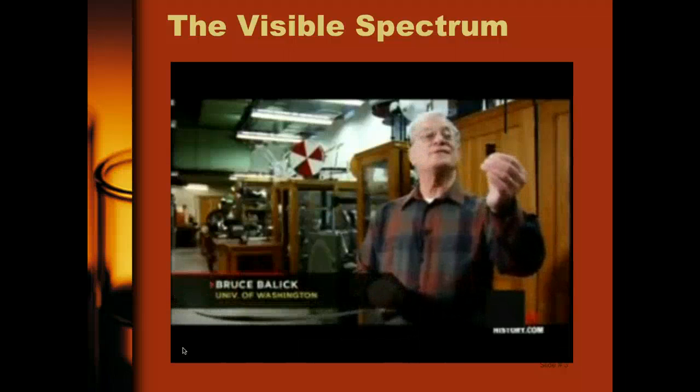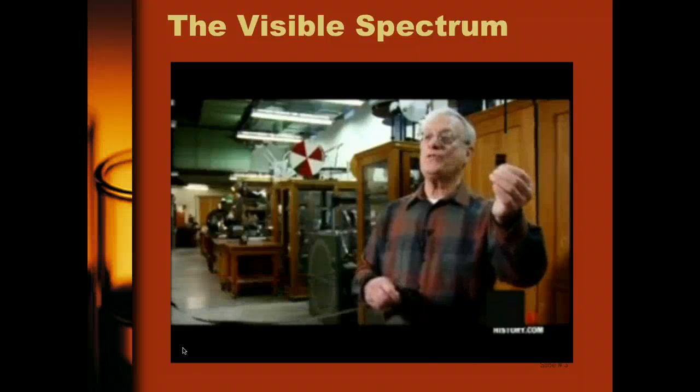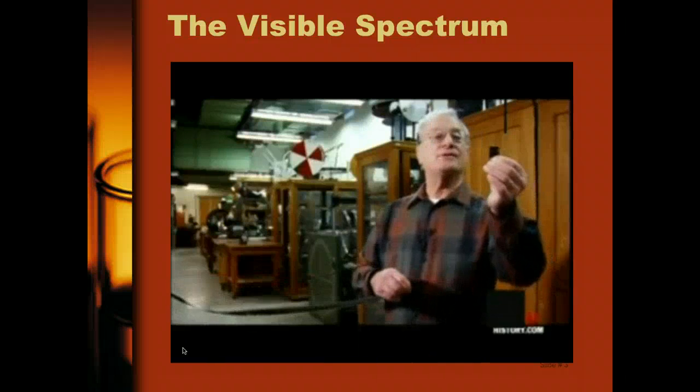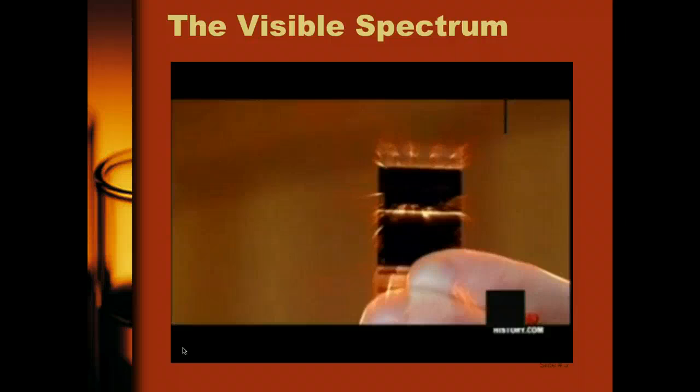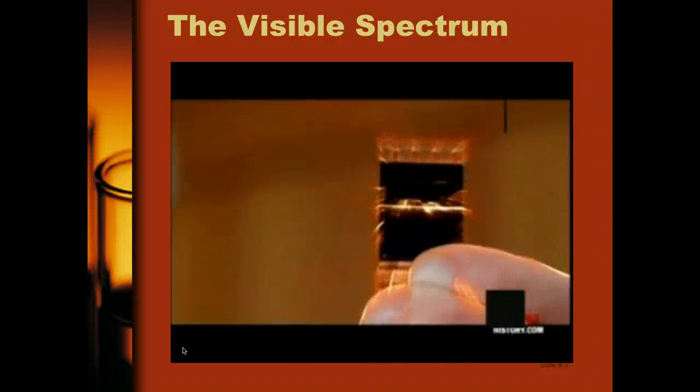This frame is the whole visible spectrum. It is one frame in over 2,000 miles of tape, and it's everything that the human eye can see. The importance of this frame is that stars emit almost all of their light in this part of the spectrum.